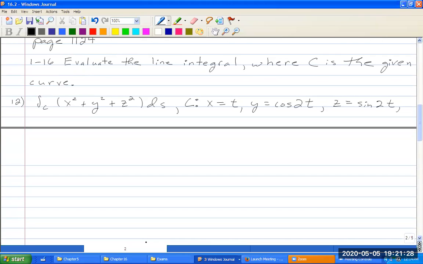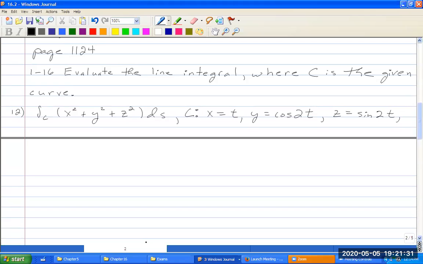Okay, on page 1124, in problems 1 through 16, evaluate the line integral where C is the given curve.